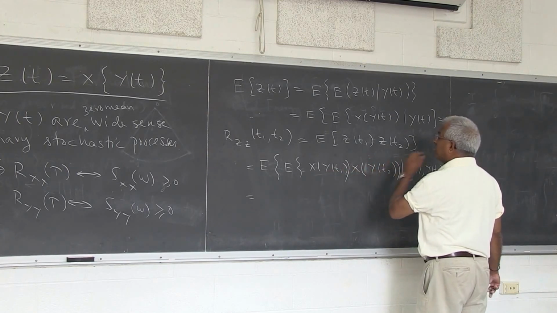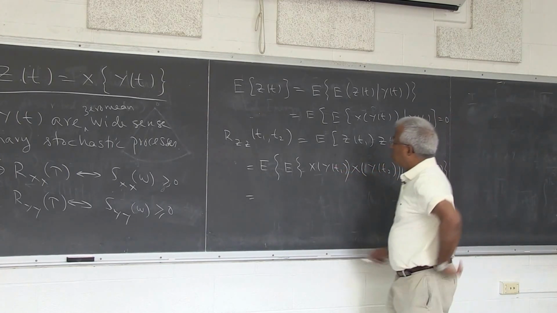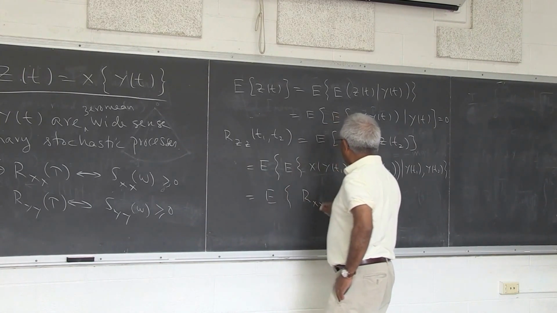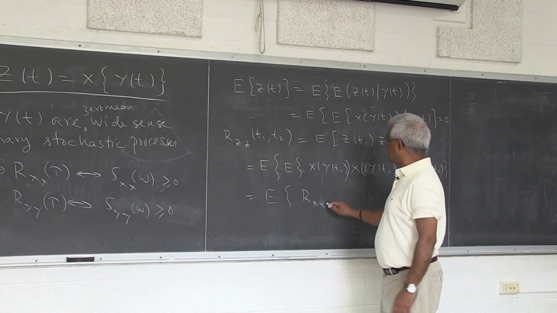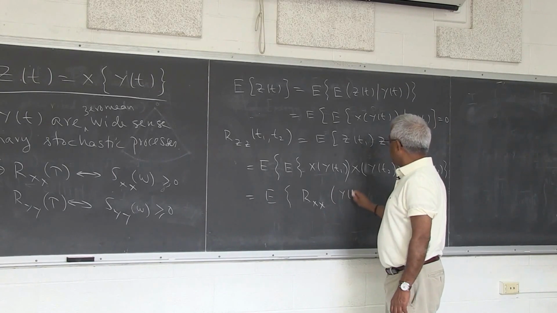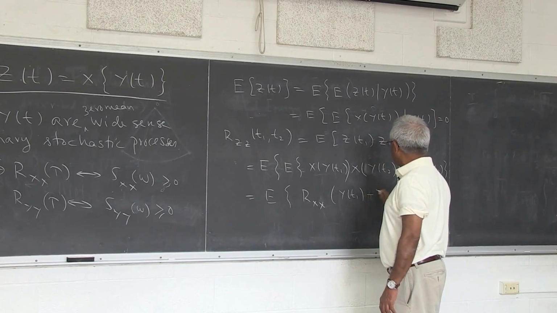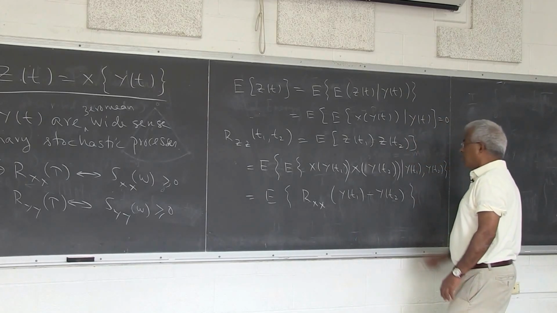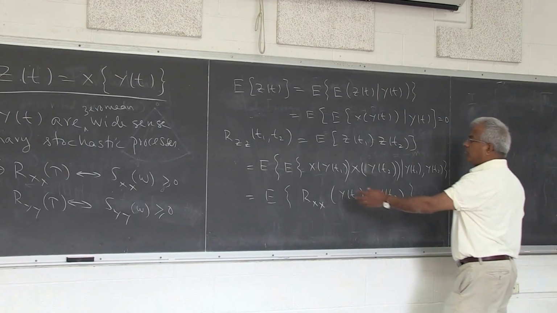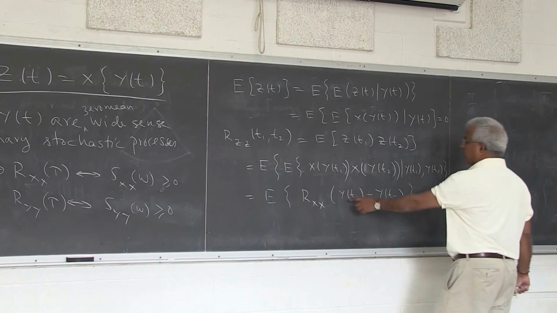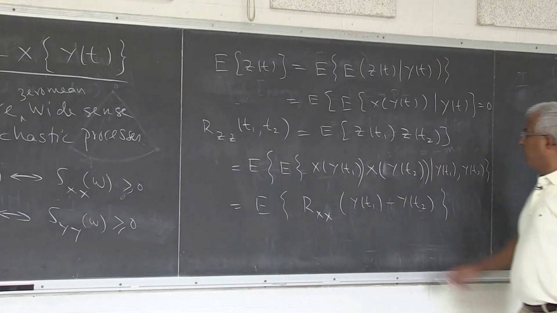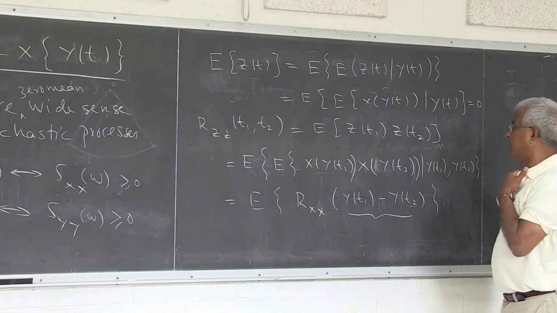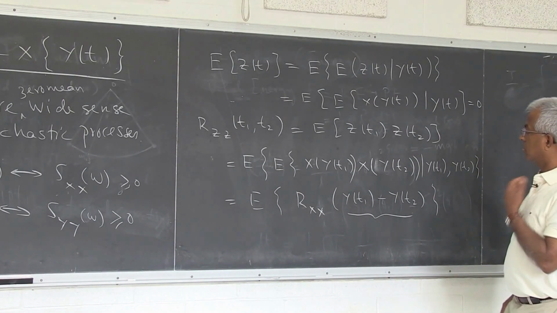But x of t itself is wide-sense stationary, so this inside quantity becomes rxx of the difference of the indices, the difference being now y t1 minus y t2. And of course, this expectation is now with respect to this new random variable y t1 minus y t2.